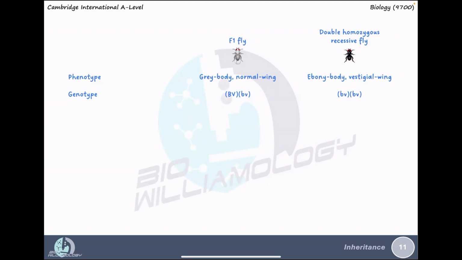For example, in this context, capital B represents the dominant allele B with dominant allele V together, and another bracket shows recessive b with recessive v together. On the other hand, if the question doesn't mention autosomal linkage, we assume independent assortment between these two genes occurs, and we use the usual Mendelian dihybrid process to answer the question.